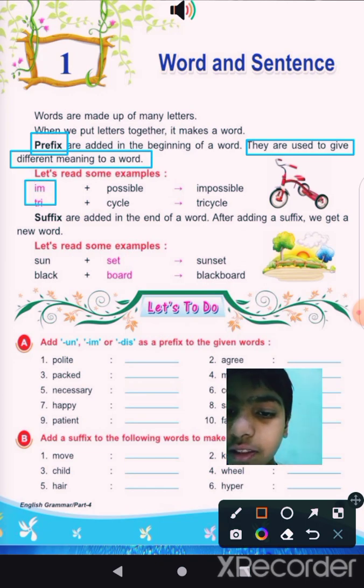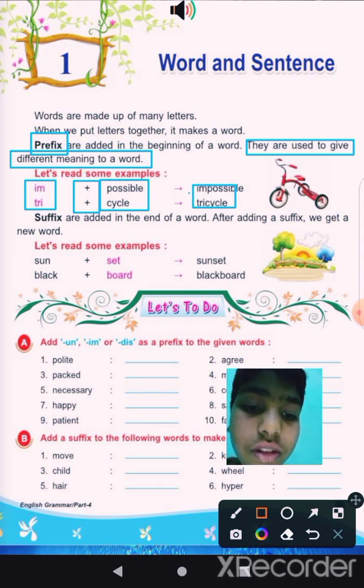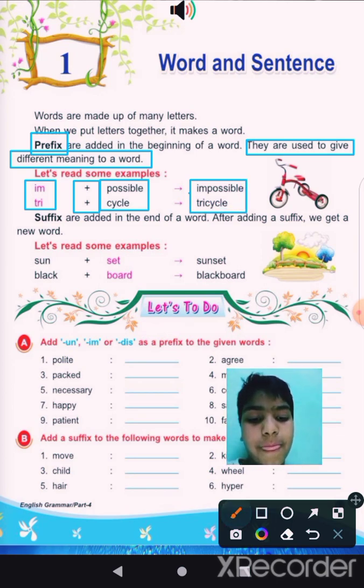Im plus possible is equal to impossible. I used im and possible, and I got impossible.